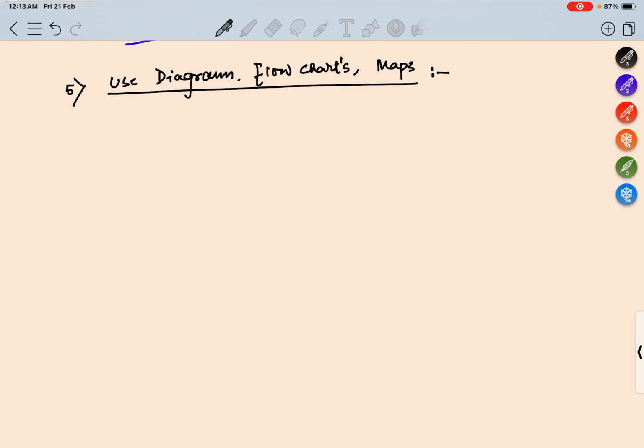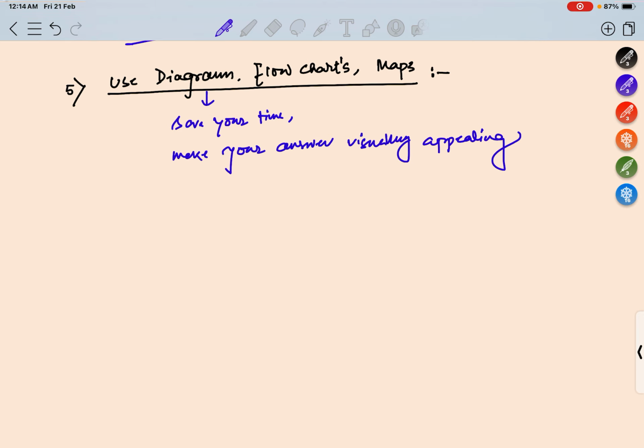What is the need of a diagram? A diagram will ultimately save your time, and it will make your answer visually appealing. Especially for geography and international relations, you should definitely use maps and flowcharts.